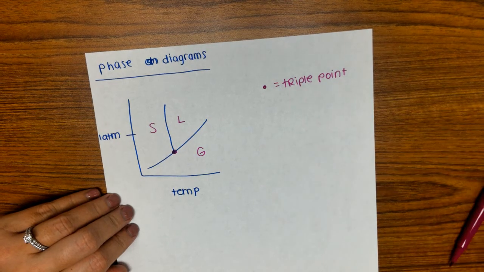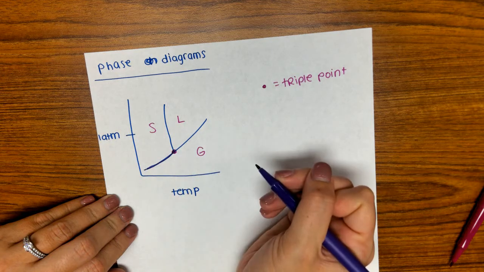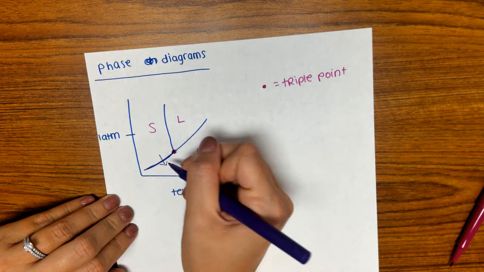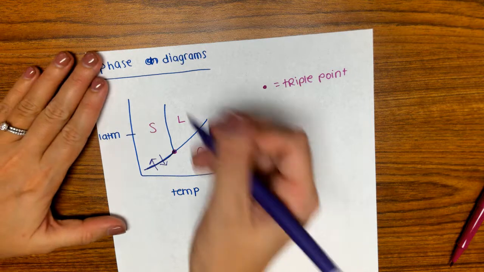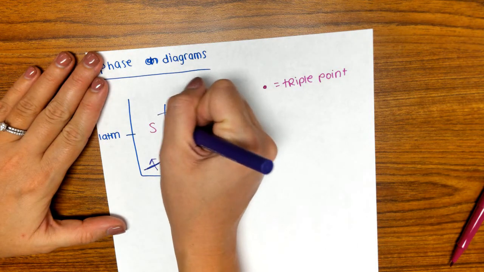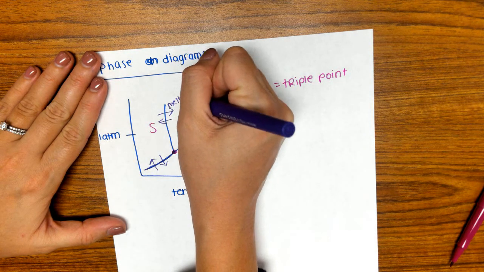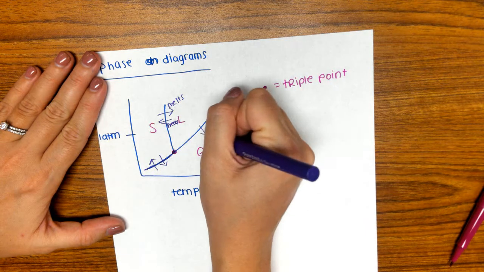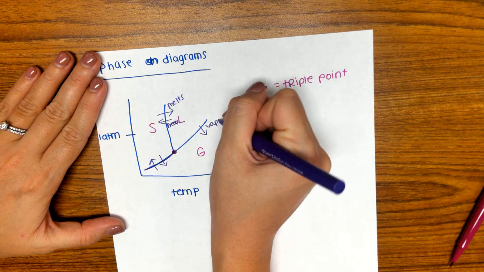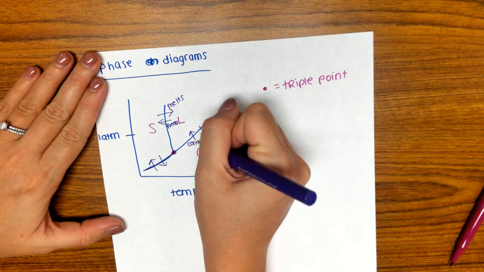And then this line right here tells us where it goes from a solid to a gas, or from a gas to a solid. So that shows the phase change. This line would be where it either melts, fusion, or freezes. And then this line would be where it vaporizes or condenses.